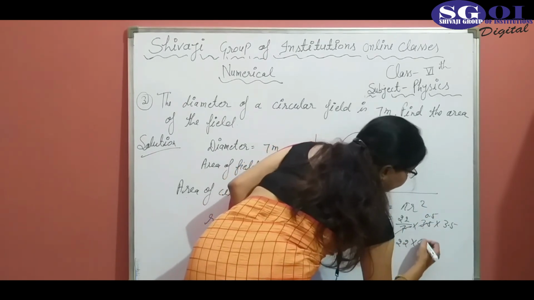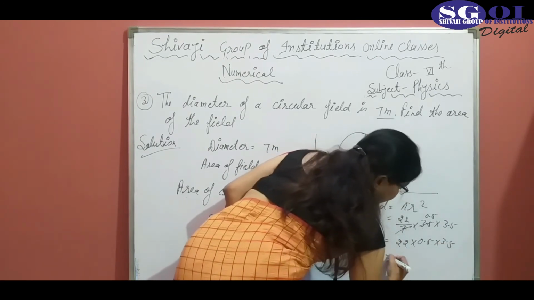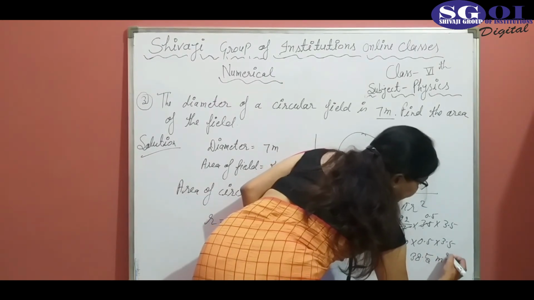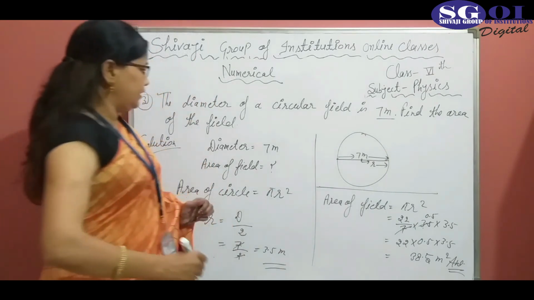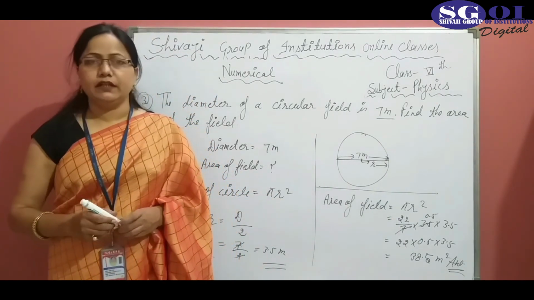After multiplying we get 38.5 meter square. So the area of the field is 38.5 meter square.